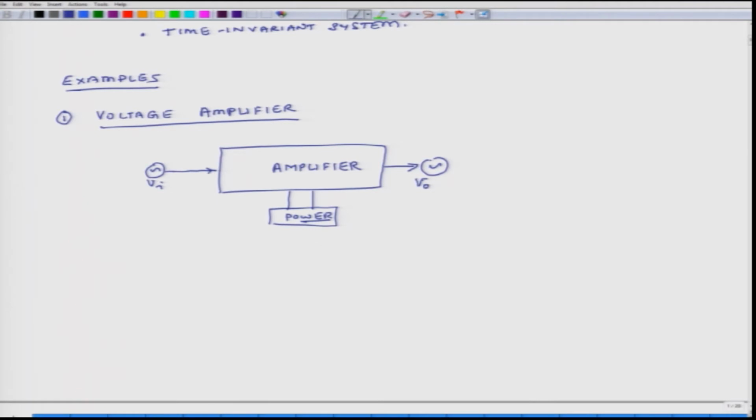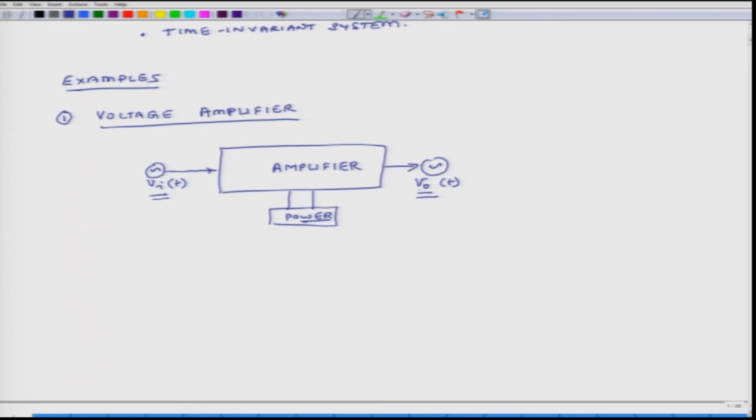It comes from the power source. So, the input to the system is Vi and the response of the system is Vo. Now, both of these could be functions of time. So, in this case, the relationship between Vo and Vi will be what?